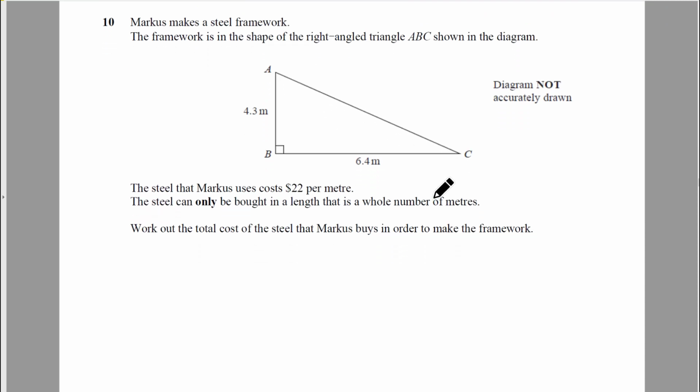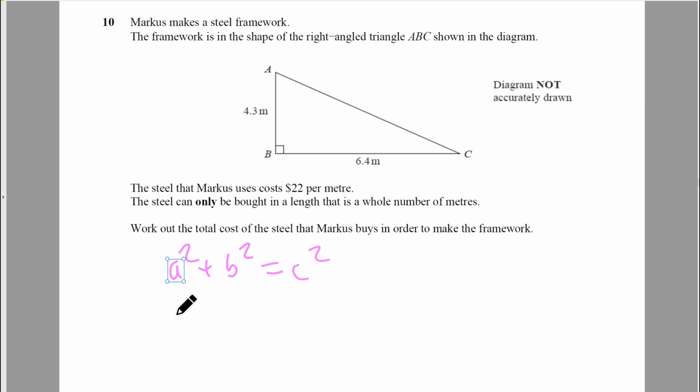Question 10. Have a read. Fencing framework, right angle triangle. So we can use Pythagoras because there's no angle. We know that a squared plus b squared equals c squared.